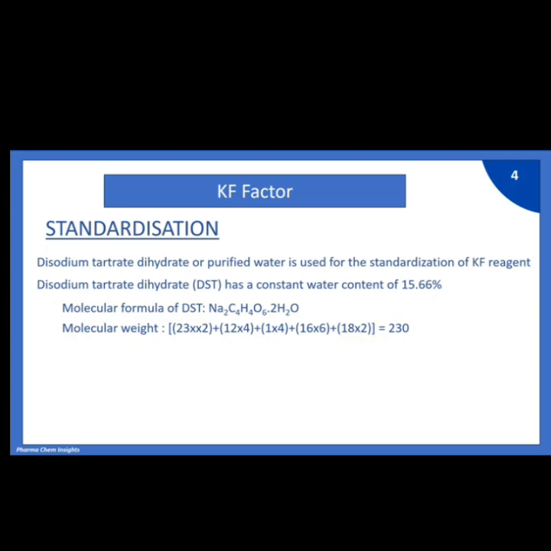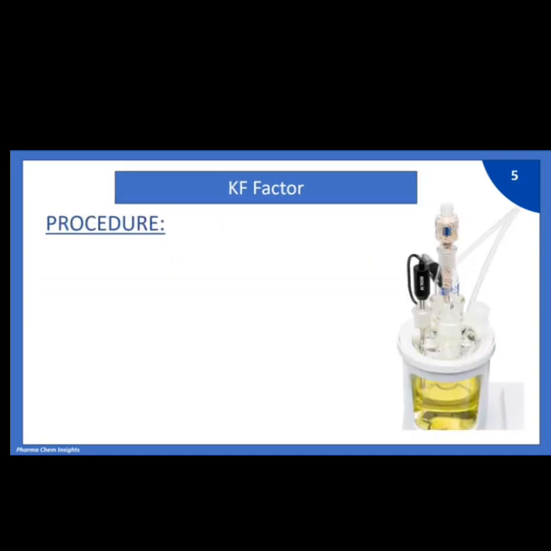The molecular weight of DST is 230. DST has 2 molecules of water, that is 2 × 18 = 36. So the calculation is: percentage water in DST is 36 divided by 230 × 100 = 15.66%.